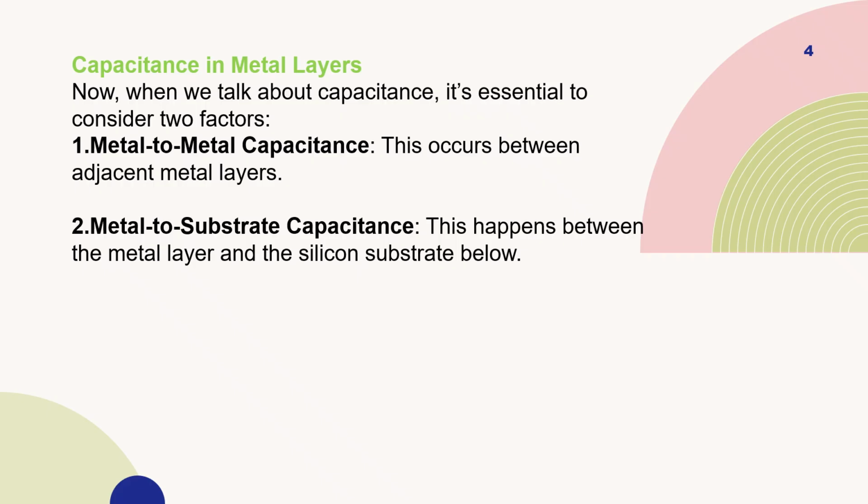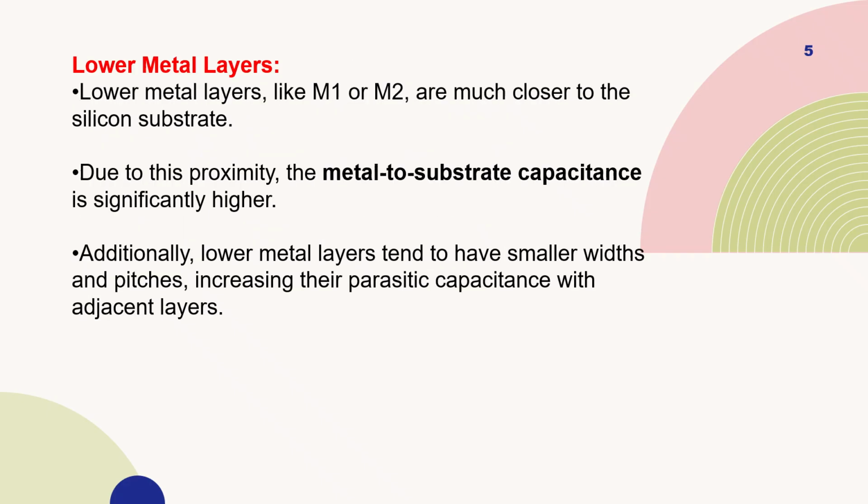One reason is that for metal 1, the metal to substrate distance is very small. That's the reason we keep less width and less thickness, to avoid the metal to substrate capacitance. Due to the proximity effect, metal to substrate capacitance is significantly higher.